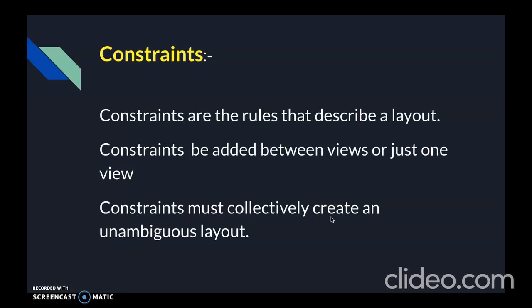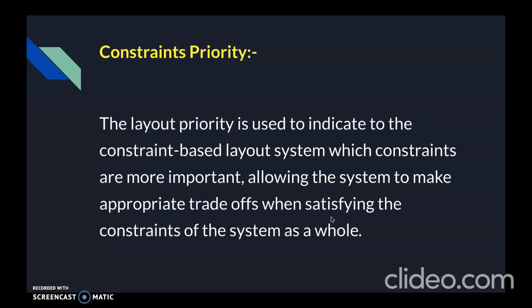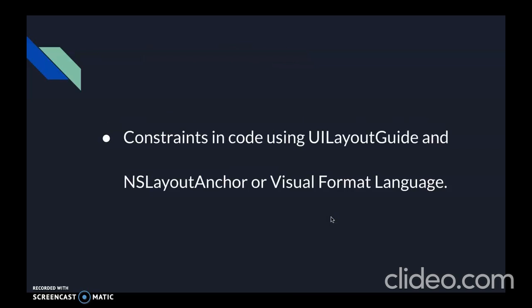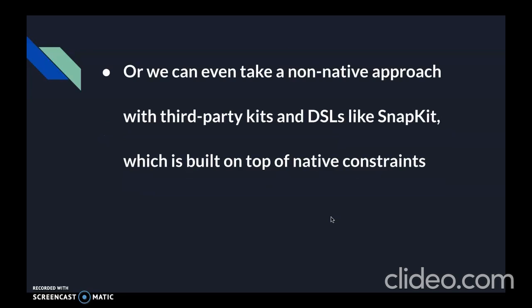We have learned the constraints. We learned the constraint priorities, and we have learned how to use auto layout using Interface Builder in the storyboard. In our next tutorial, we are going to learn how to use constraints using code, and also how to use constraints with a non-native approach, using a third-party kit and DSL like SnapKit, which is built on top of native constraints.